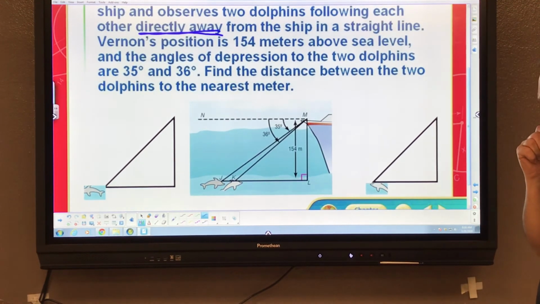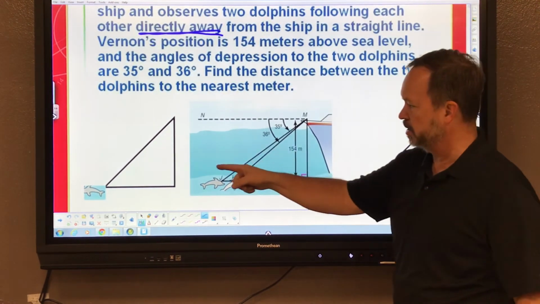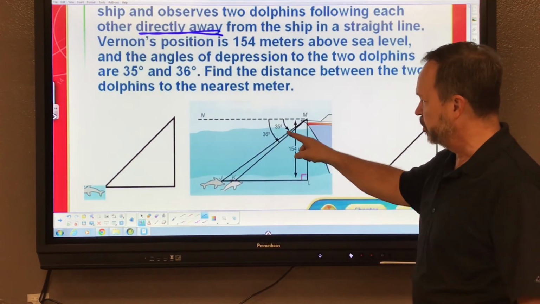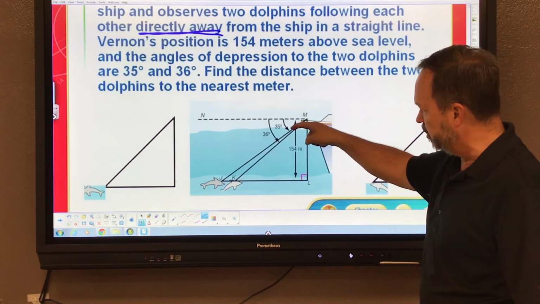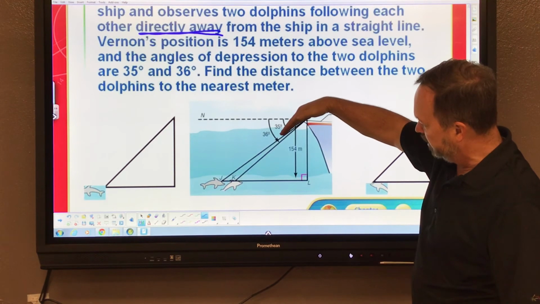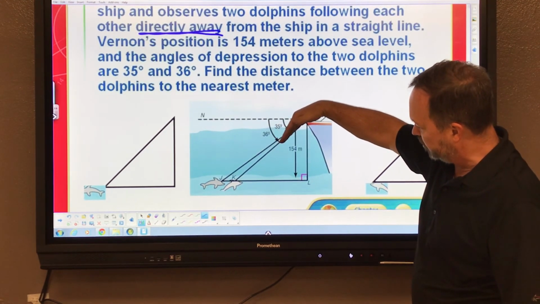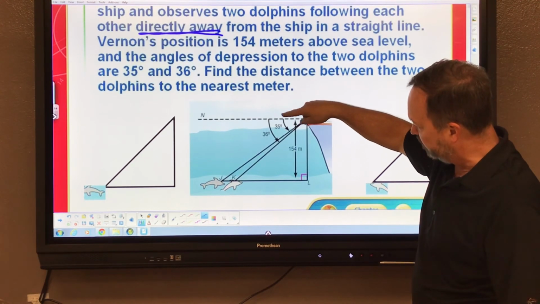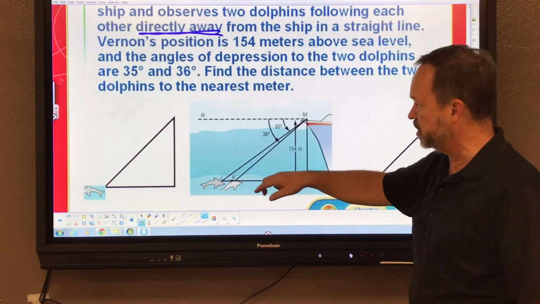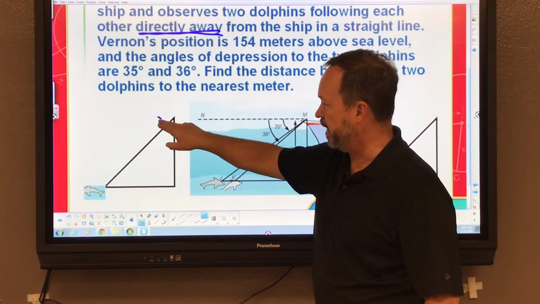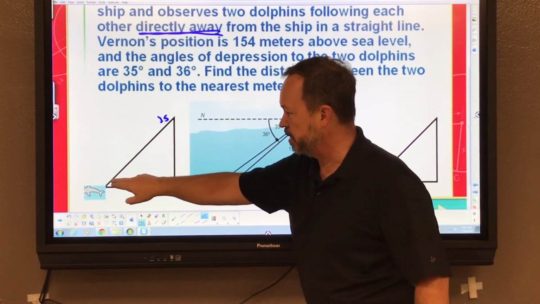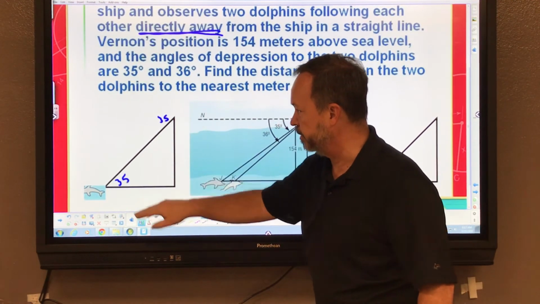And so, since you're looking at this darker dolphin here, you can see the angle of depression to look down at it. He looks down, he sees this one. If he's going to see the other one, he has to look down a little further. So you can see why one of them's 35, one of them's 36. So this is the 35 degree. It would have been out here, which means the alternate interior is 35 there.